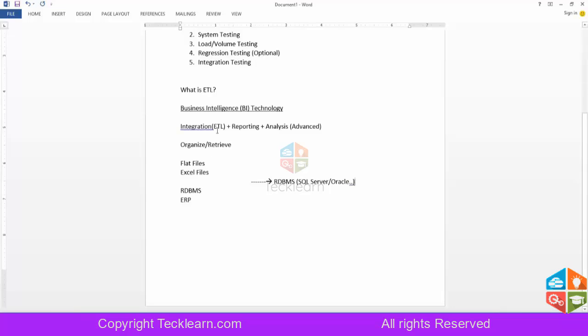We load it finally. So this is ETL, the first part of your business intelligence technology. Okay, once we have the data within the central system, what could be the next need?